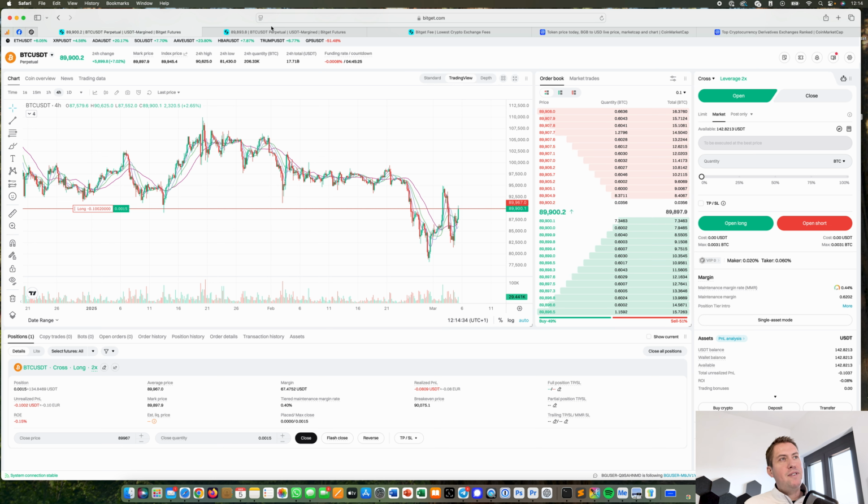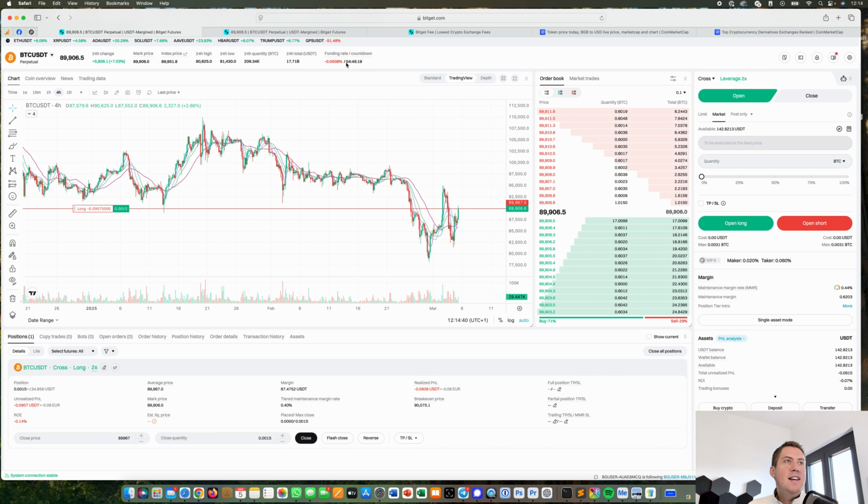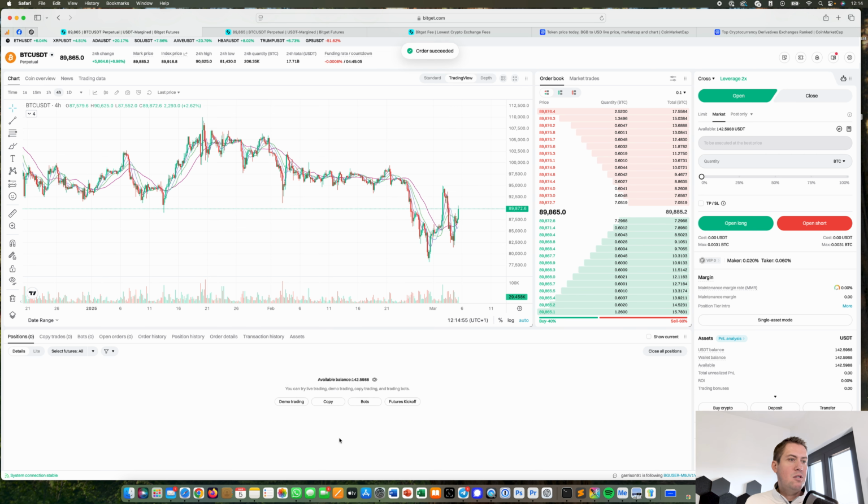Most of the time the funding is positive. That basically means if you're in a long position, you would pay funding, and if you're in a short position, you would receive funding. However, right now it's negative and we are long, so we are getting the funding. And we can close it right now with the flash close, and now our position is closed again.